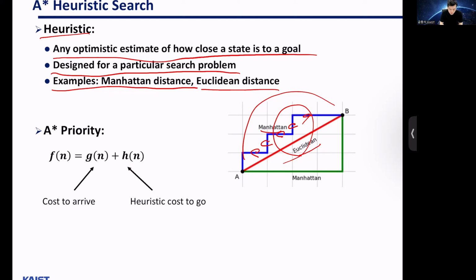What dynamic programming is basically doing is computing this for all combinations, but the main difference is that in dynamic programming you don't use a heuristic cost to go. You actually compute that backwards in time or stage. So this concept, cost to arrive, cost to go, holds for many search algorithms and optimal control problems.